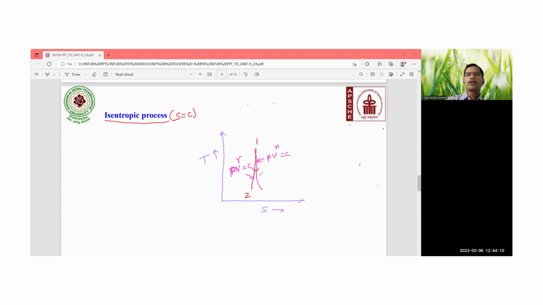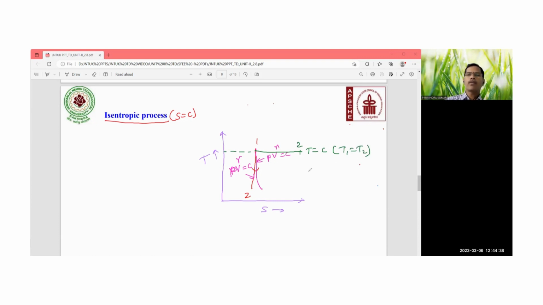So this is one. Next, there is another line, that is nothing but the constant temperature process, right? Because in a constant temperature process, when a system changes from state 1 to the state 2, T is equal to constant. That means T1 is equal to T2, right?